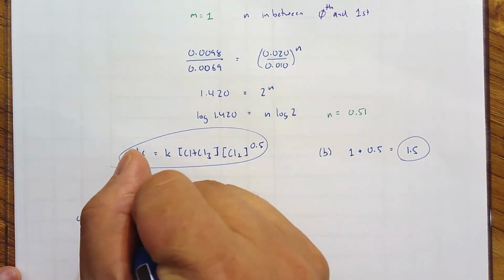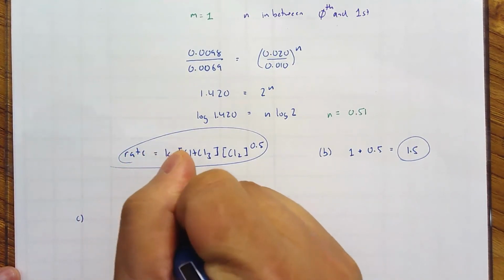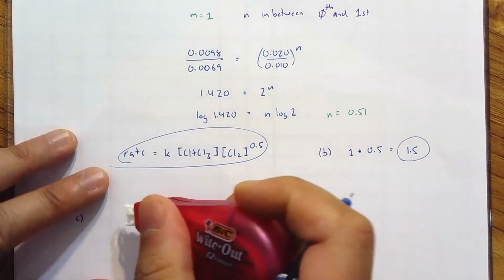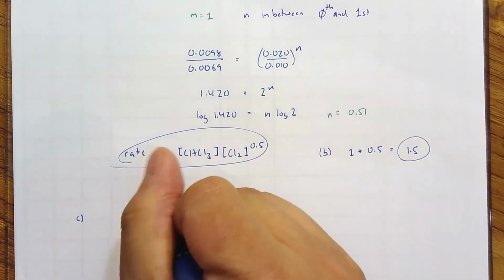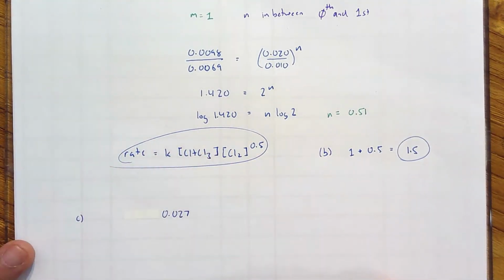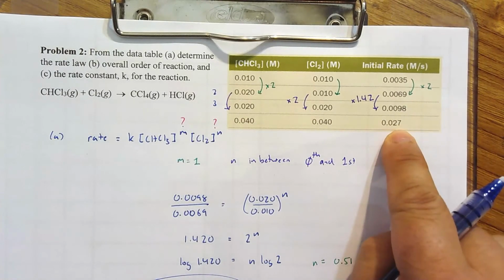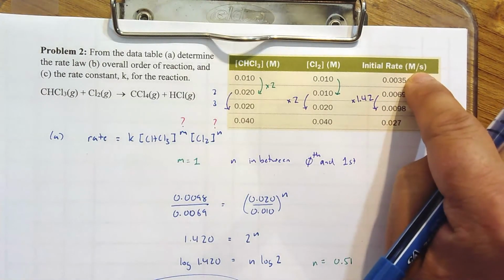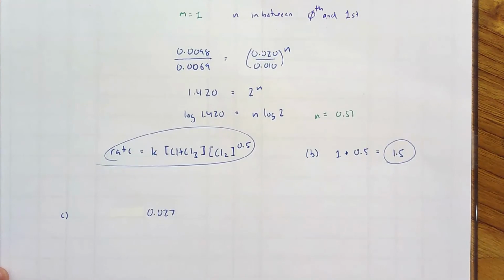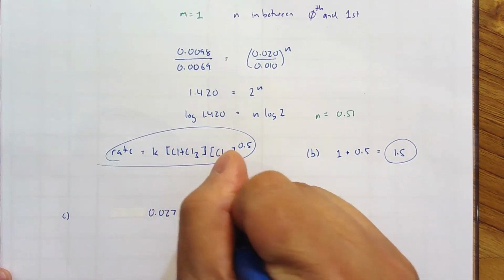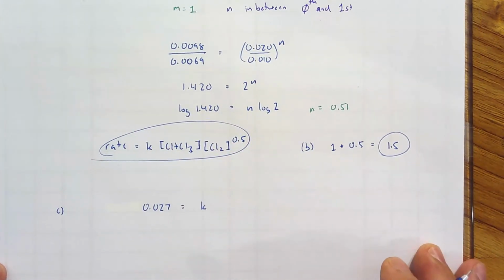The rate equals 0.027. I'm getting it from right there. Also double check your units, molarity per second. Equals K times. Oh, this is nice.